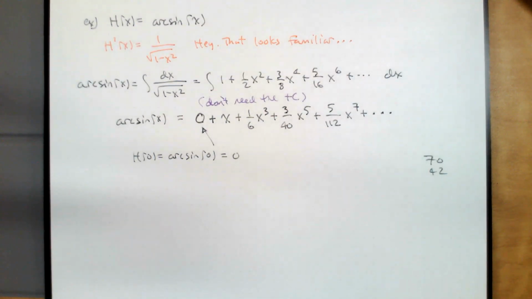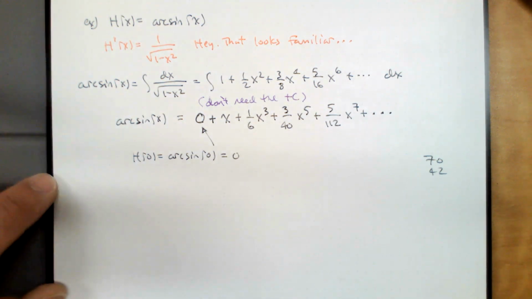So if we think of the other function that has this characteristic, arctangent, the derivative of arctangent is 1 over 1 plus x squared.